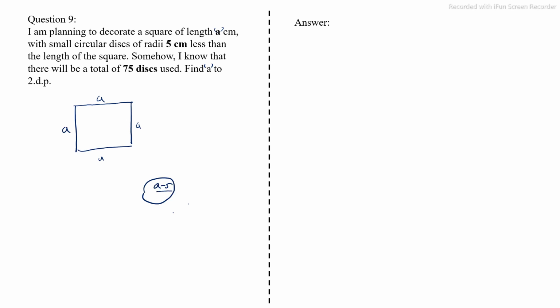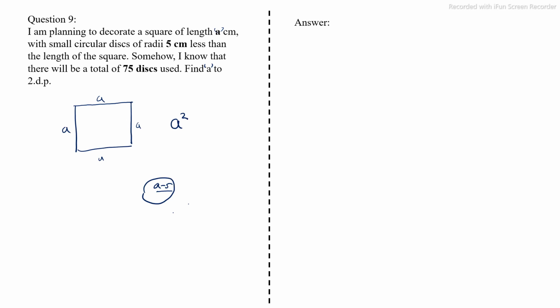To find a to 2 decimal places, I know there will be 75 discs. So we can make an equation. The area of this square will be a squared, because as we learned in elementary school, a times a is the area. And the disc has radius a minus 5, it's a circle.